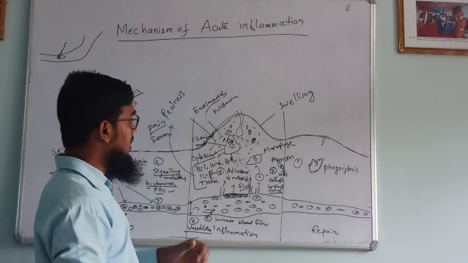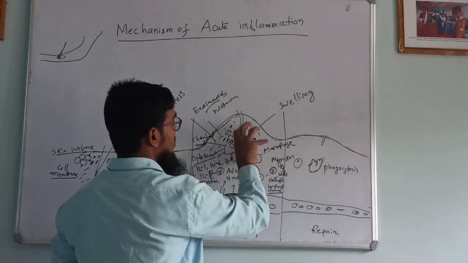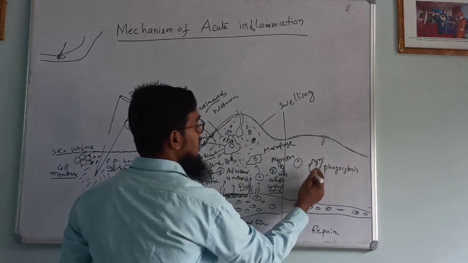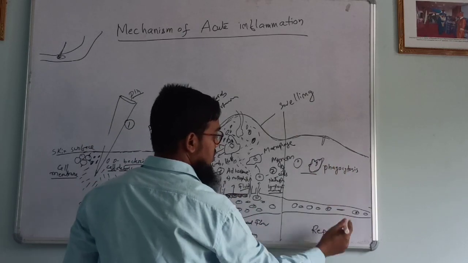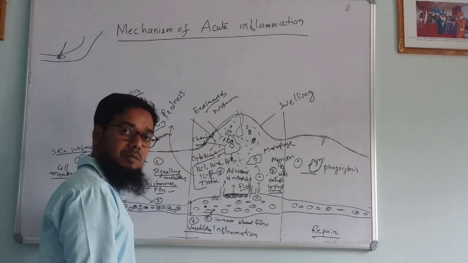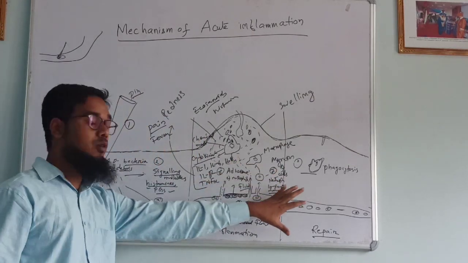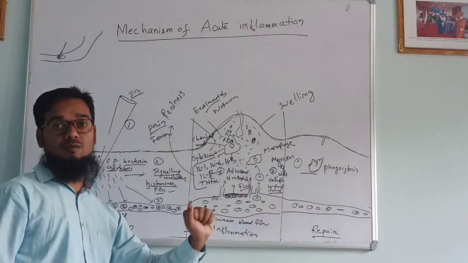After that, it will phagocytose and destroy the bacteria, and slowly cause the repair mechanism. So this is the mechanism of acute inflammation.